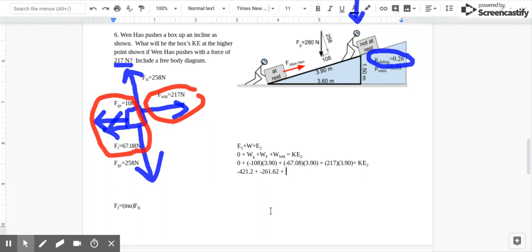And then the 217 times 3.90 is 846.3. Okay, so we're going to add those all up together. And let's see what we get. I get 163.48, which again, I don't really remember getting, but I feel good about it. All right, look, just in time. We're good.